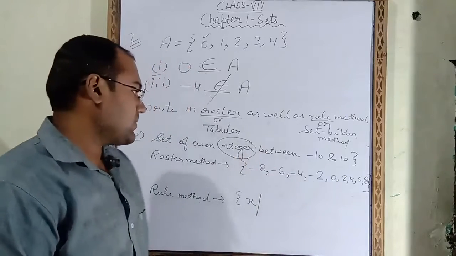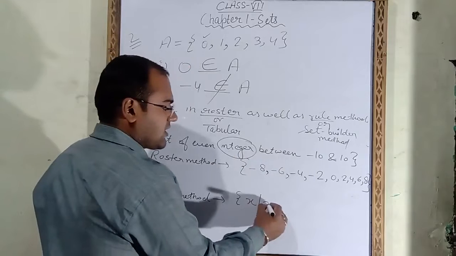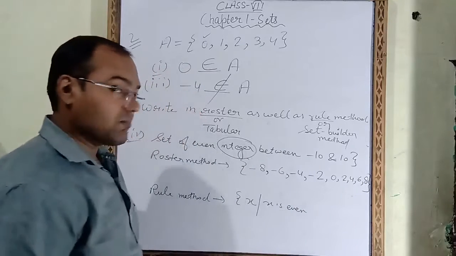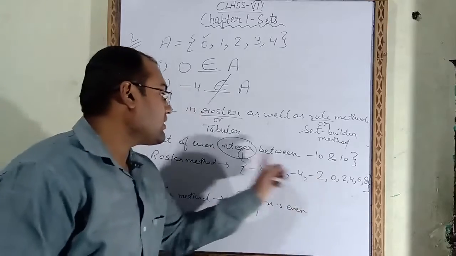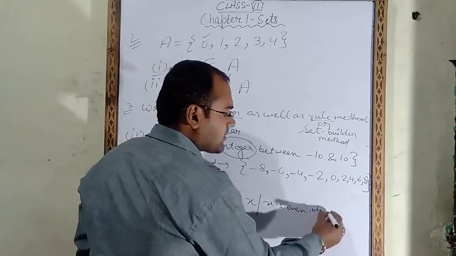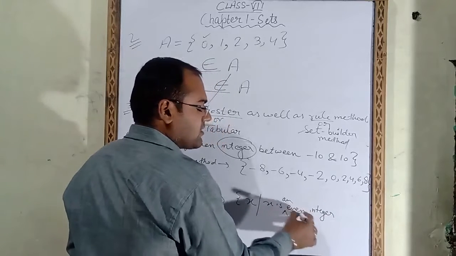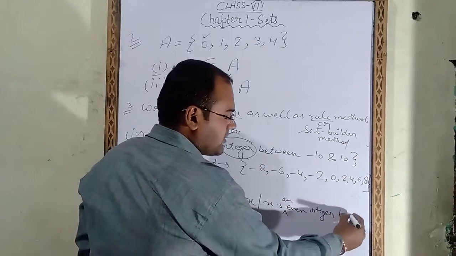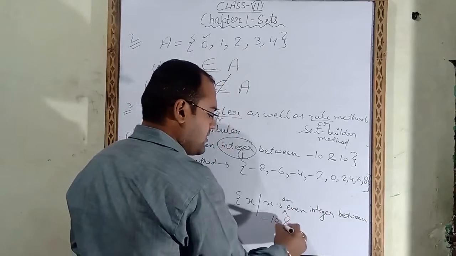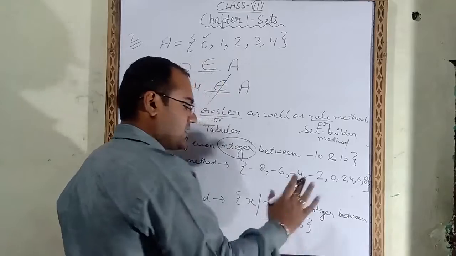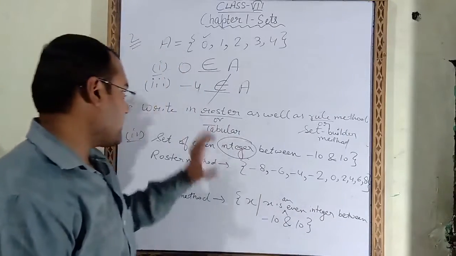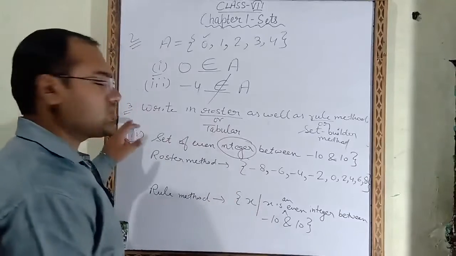So we write x such that x is an even integer between minus 10 and 10. Like this you can write in rule method. In the same way you have to do the remaining part of question number 3.